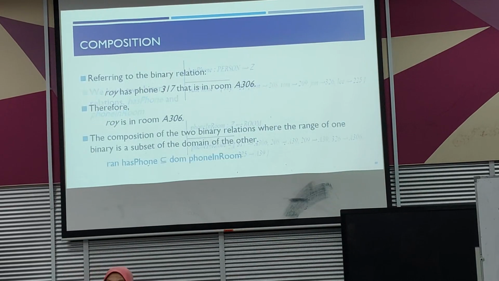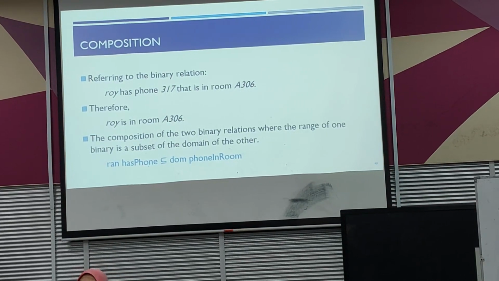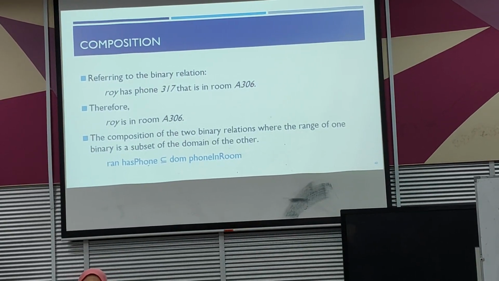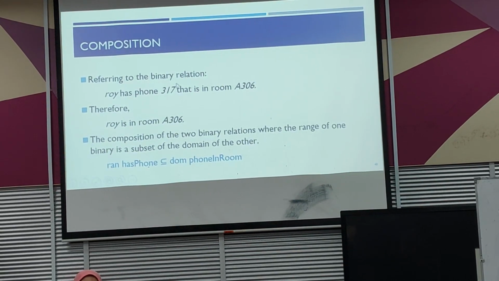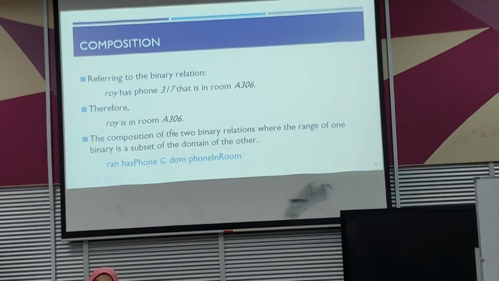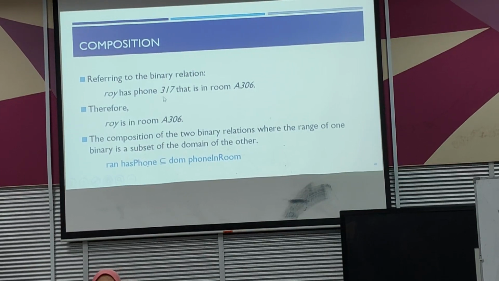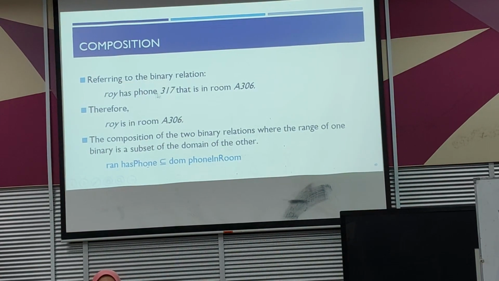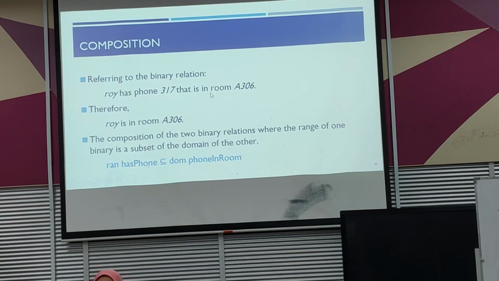So how to do composition? Let's say this is the story. There's a phone inside the hotel room, and let's say the room is A306, then the phone extension is this number. And then you are staying in this room. So we are saying that you are using this phone in this room, so you are in this room.